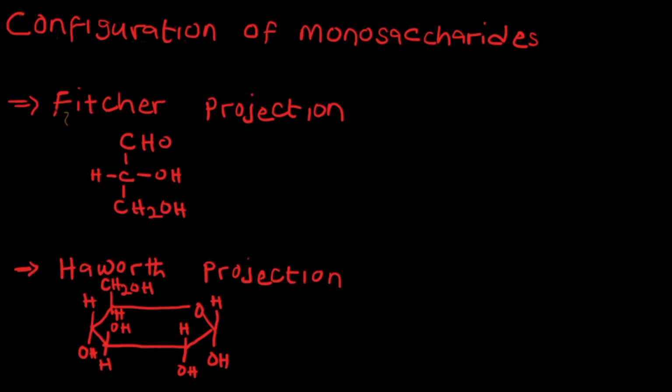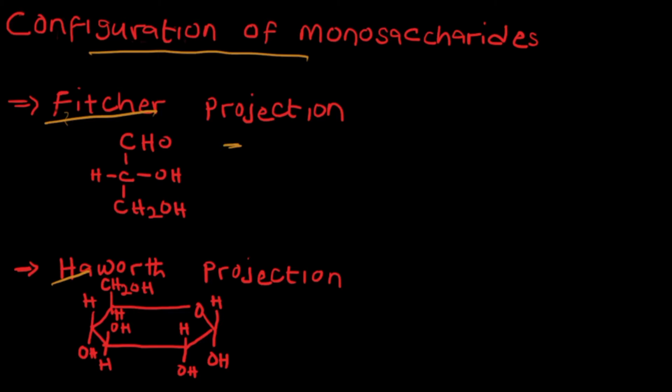The configuration of monosaccharides can be written using the Fischer projection and can also be written using the Haworth projection. The Fischer projection is a kind of two-dimensional configuration of a three-dimensional molecule.